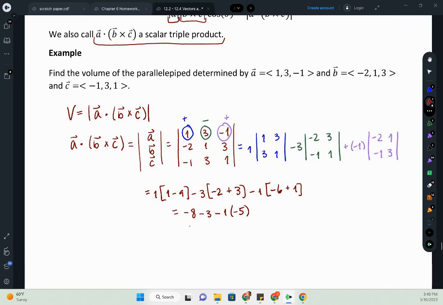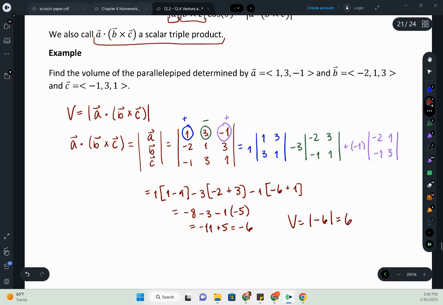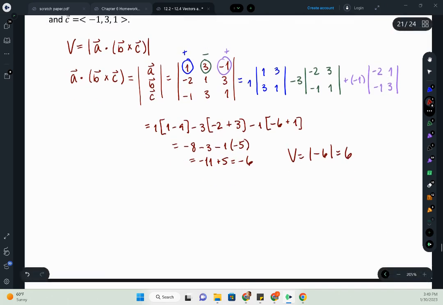Looks like I have negative 11 plus 5, which is negative 6. So V is equal to the absolute value of negative 6, which is positive 6. Now, doing it the other way around, I'd have to calculate B cross C first.